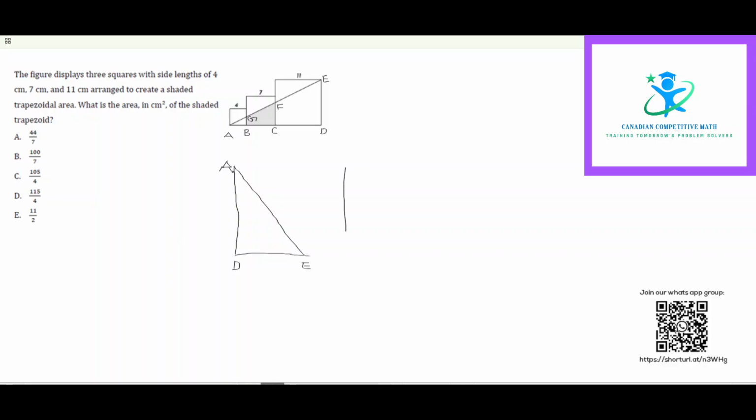This is A, C, F. And then we'll go to the next smaller triangle, which is A, B, G.